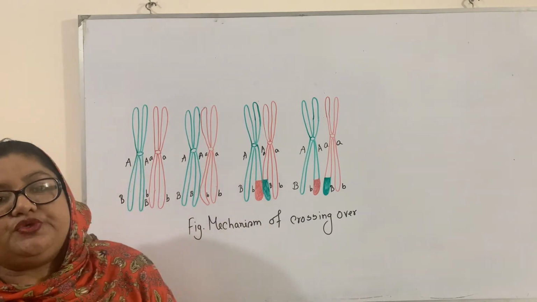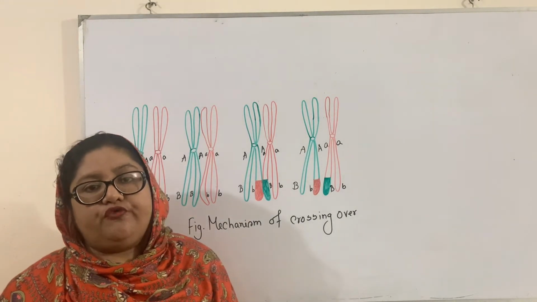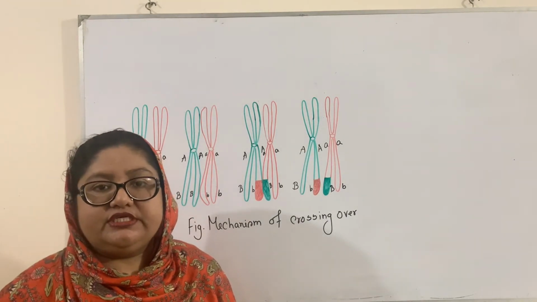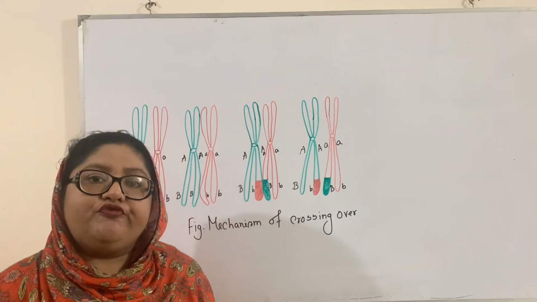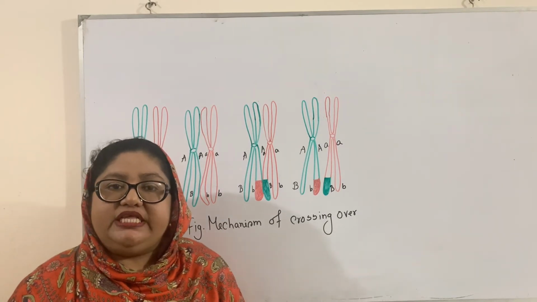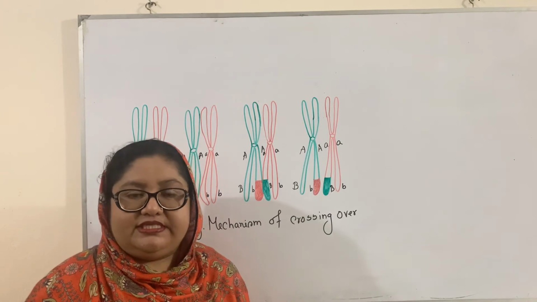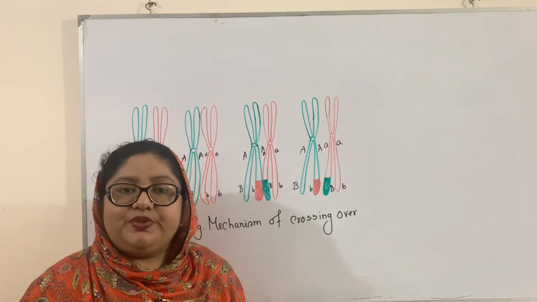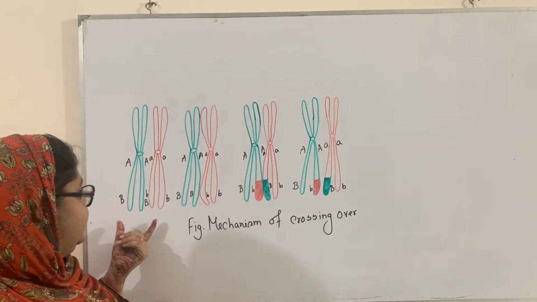During the zygotene stage of prophase 1 of meiosis 1, the homologous chromosomes form pairs. This is known as synapsis, and each pair is known as a bivalent. So, this is the bivalent.